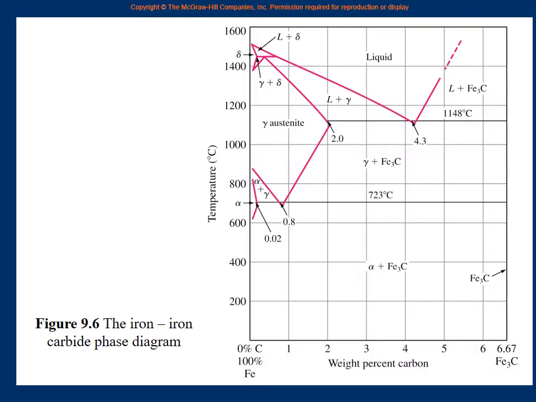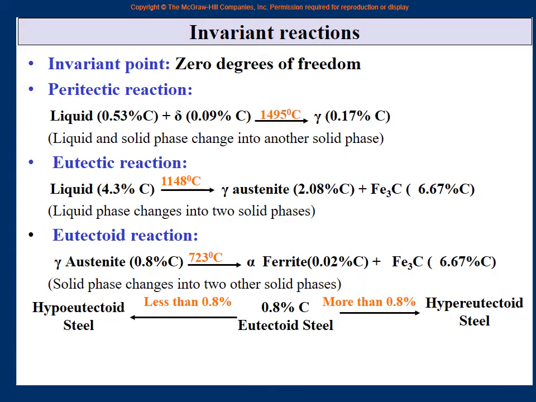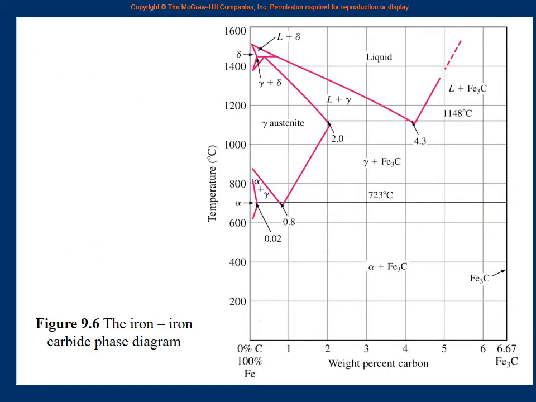We showed you this whole diagram, which is the basis of the iron carbide system, and explained it in a lot of detail. We showed you the invariant points, the peritectic reaction, the eutectic reaction, the eutectoid reaction, and the triple points on the iron carbide diagram. We further described the diagram again in more detail.